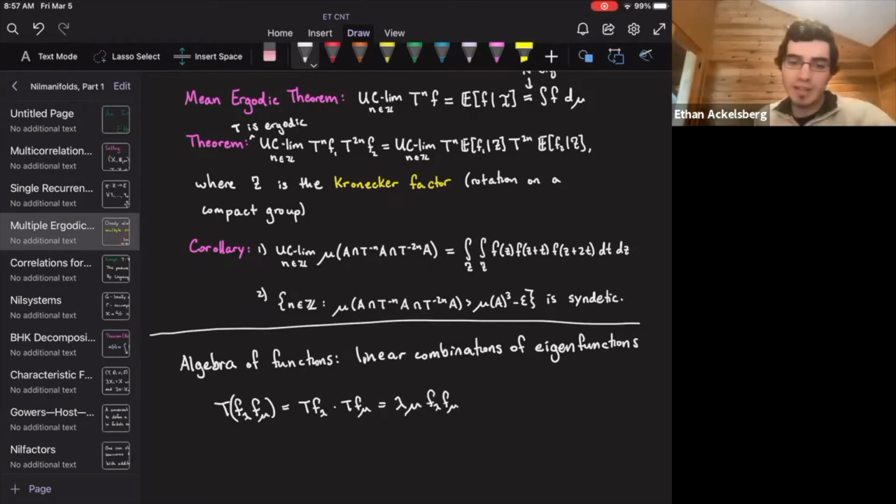So if you multiply eigenfunctions, you get back an eigenfunction, and then we just take all the linear combinations. This gives you an algebra, and the Kronecker factor is just the sigma algebra generated by all of those eigenfunctions. So when we take conditional expectation, we're just looking at the compact part in the compact mixing decomposition. Okay.